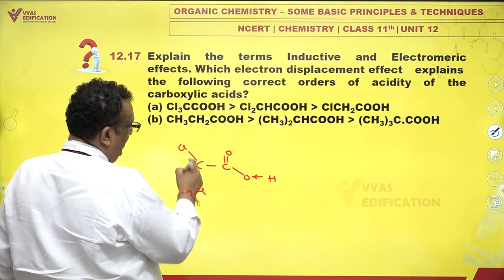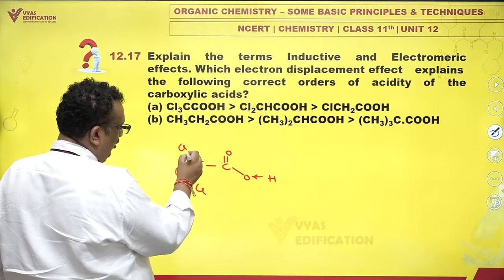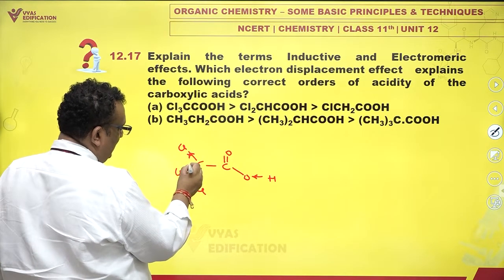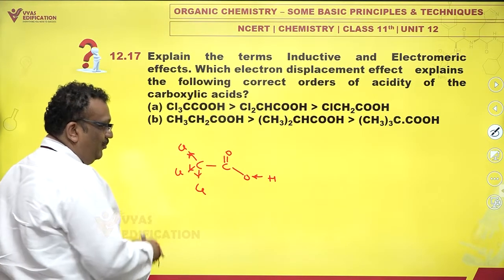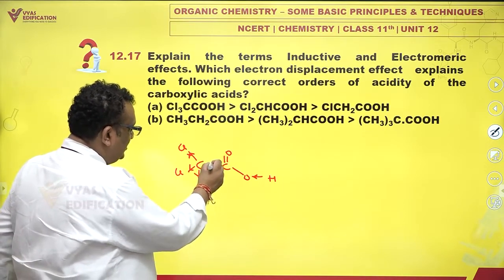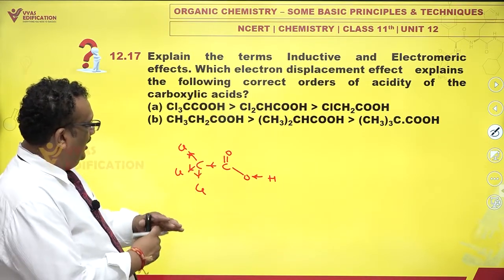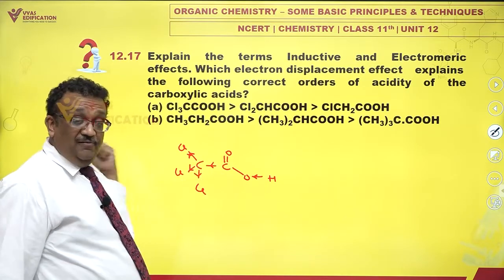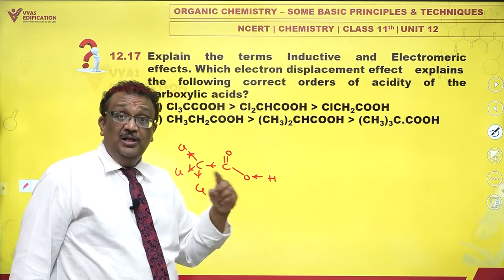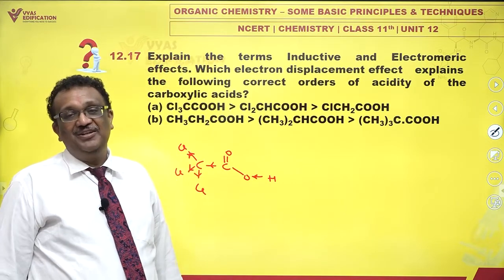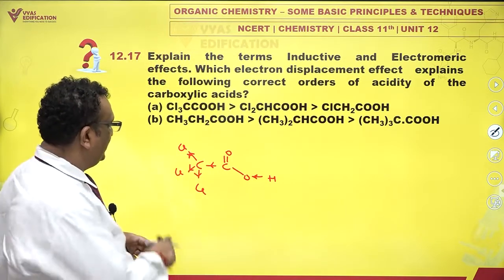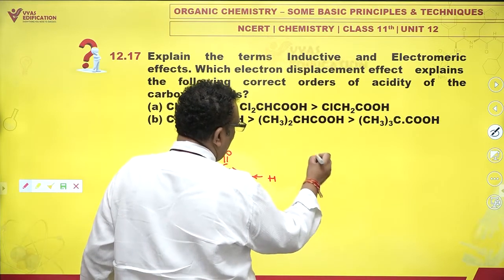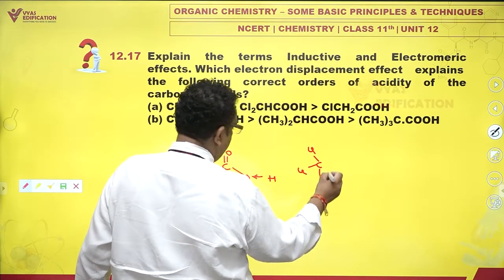And you find that these chlorines are taking electron cloud away from carbon, and it is withdrawing from here. If you have electron withdrawing groups which are taking electrons away from the acidic hydrogen, then acidic strength increases.